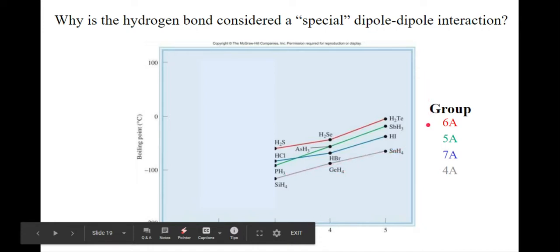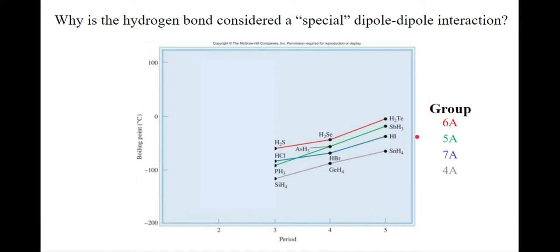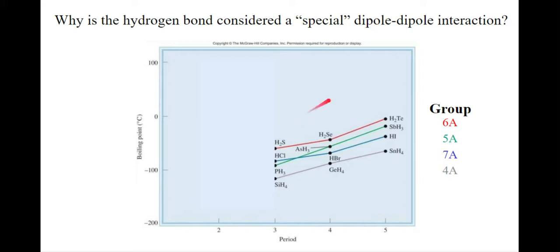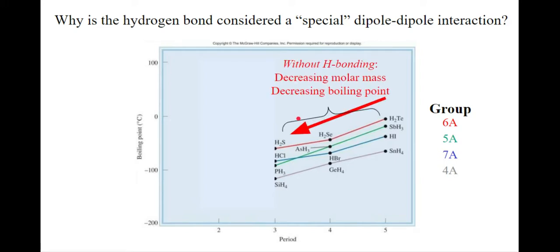So essentially what you're seeing here, on the x-axis, as you go to the right, you're going down the periodic table. And on the y-axis, it's boiling point. So the things further down on the periodic table have higher boiling points than the things further up. And that's mostly just due to size.